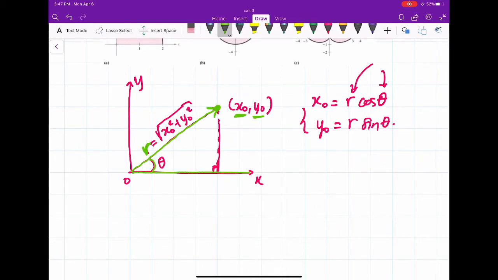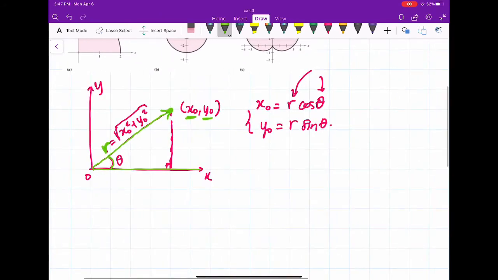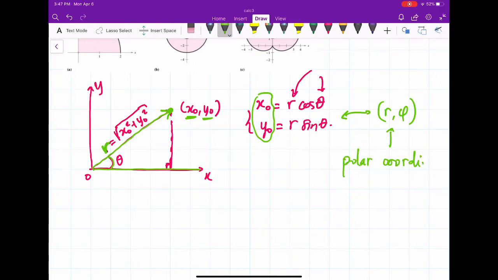Make sense? So I can go from the x0, y0 coordinates to r, theta, which is called the polar coordinates. This is just a very simple picture in the two-dimensional plane.